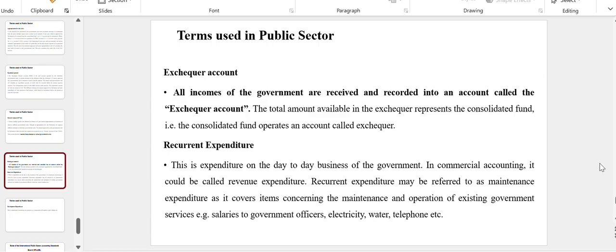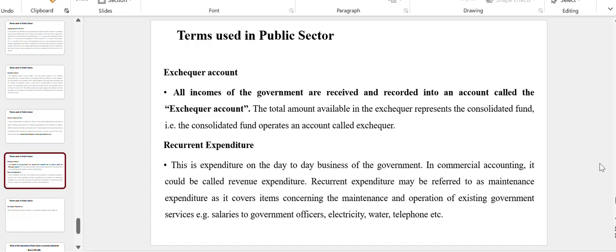Sometimes we use the word consolidated fund, sometimes we use the word exchequer. But for consolidated fund, you need to know that all money received by the government is recorded in this account called exchequer. And within exchequer, we have what we call consolidated fund.